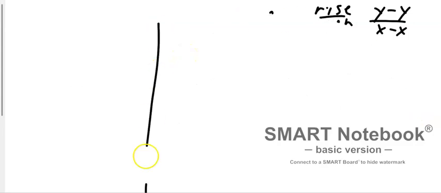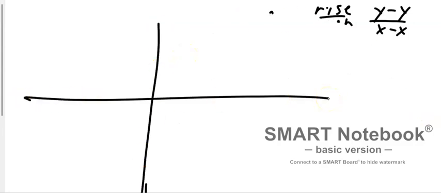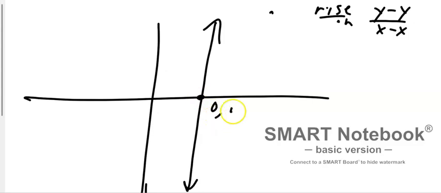But we also have this situation where we could have a vertical line. So let's say we had this point here, 0, 0. And we had this point here, sorry, not 0, 0, wow. We all make mistakes. Let's say 5, 0, and let's say this was 5, 4.